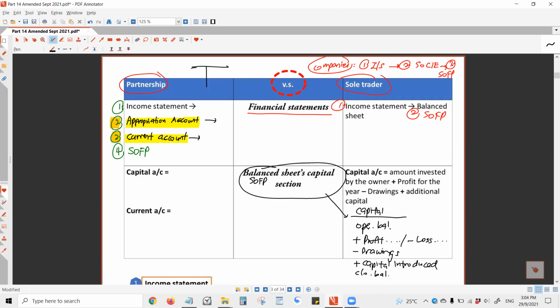So this is how you do the capital section in the SOFP for a sole trader business.